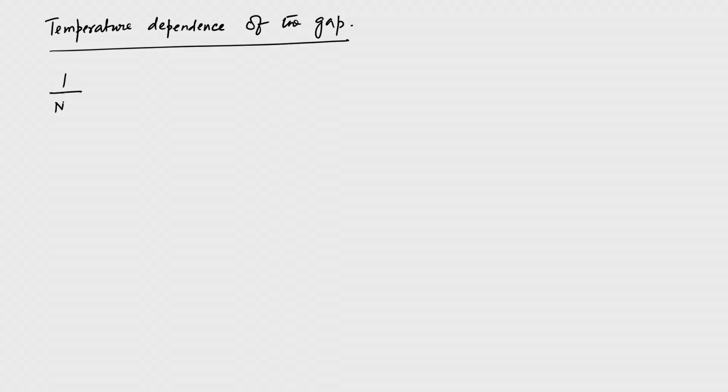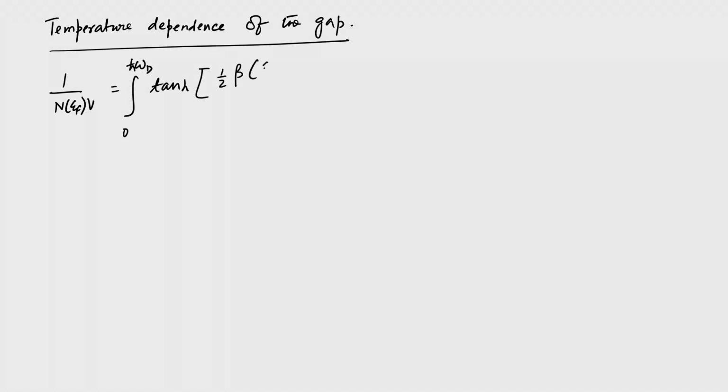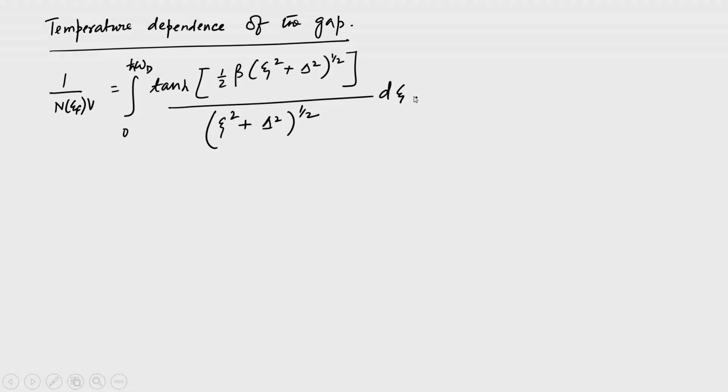So, just to remind you of this expression that we have just derived, this is equal to h cross omega d and a tan hyperbolic, and I am now writing it in terms of beta times xi square plus delta square to the power half, this is the full gap, divided by xi square plus delta square to the power half, and then d xi. This has to be computed numerically in order to get delta as a function of T.